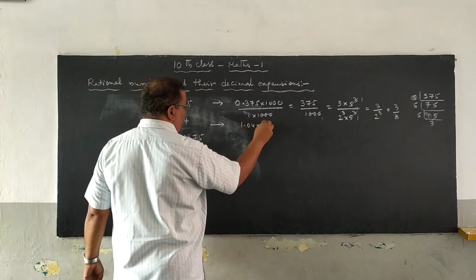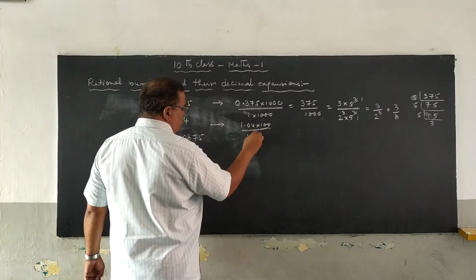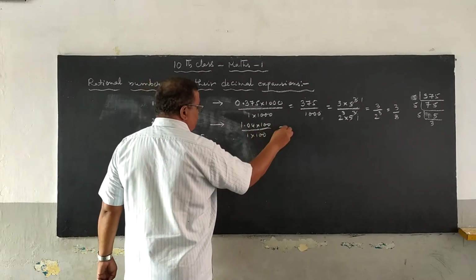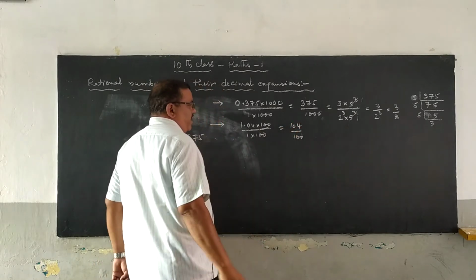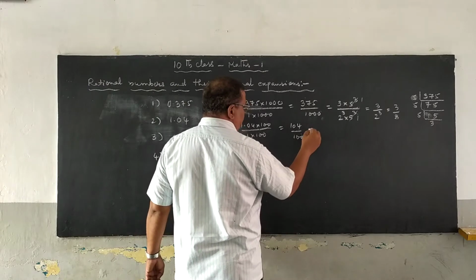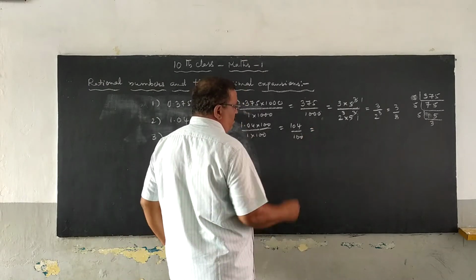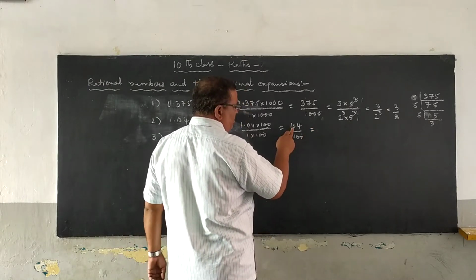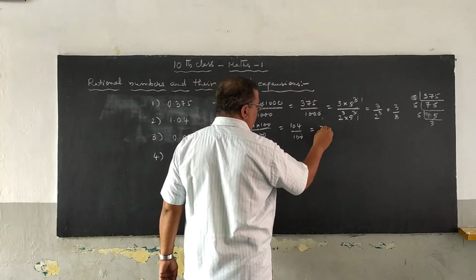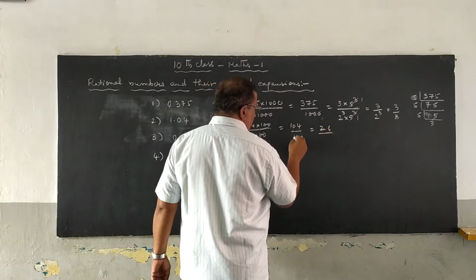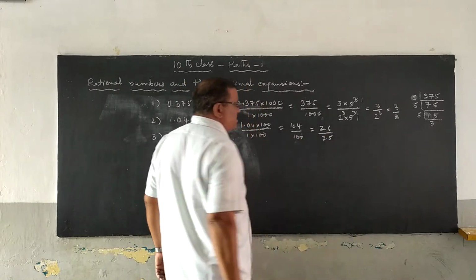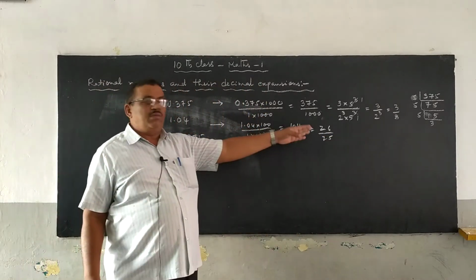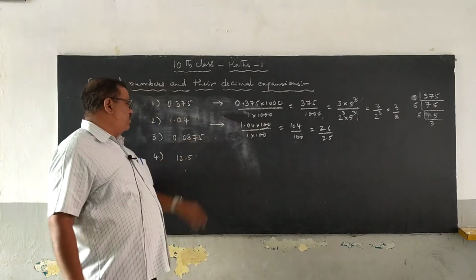1.04: multiply with 100 in the numerator as well as in the denominator. You get 104 by 100, and doing cancellations with 4, 4 twos are 8, 4 sixes are 24, and with 4, 25s, you get 26 by 25. This is the rational form of 1.04.